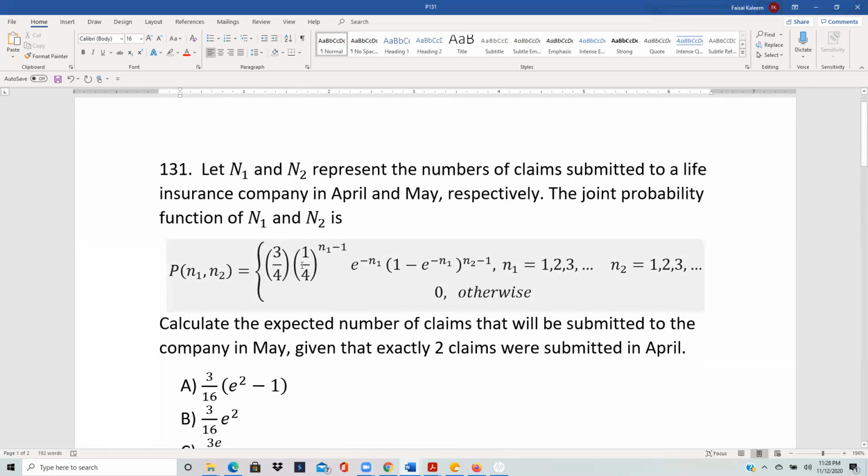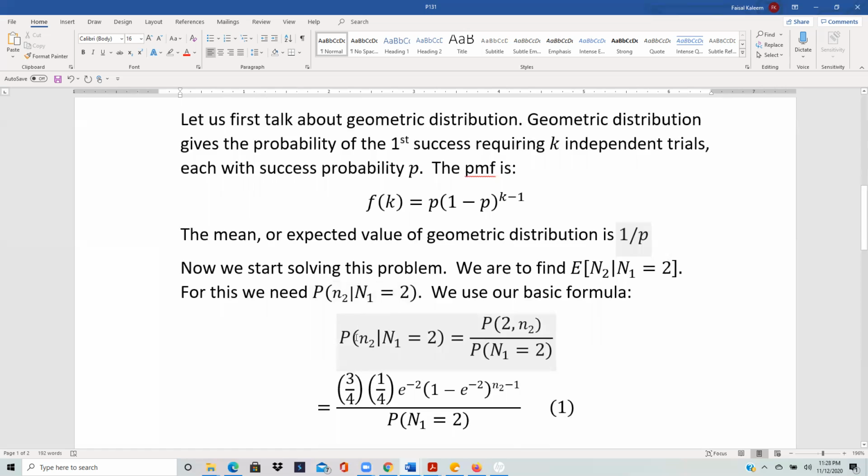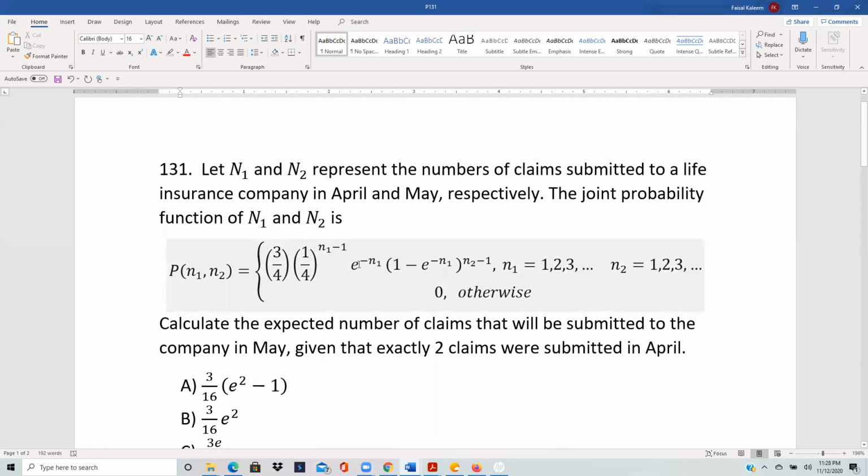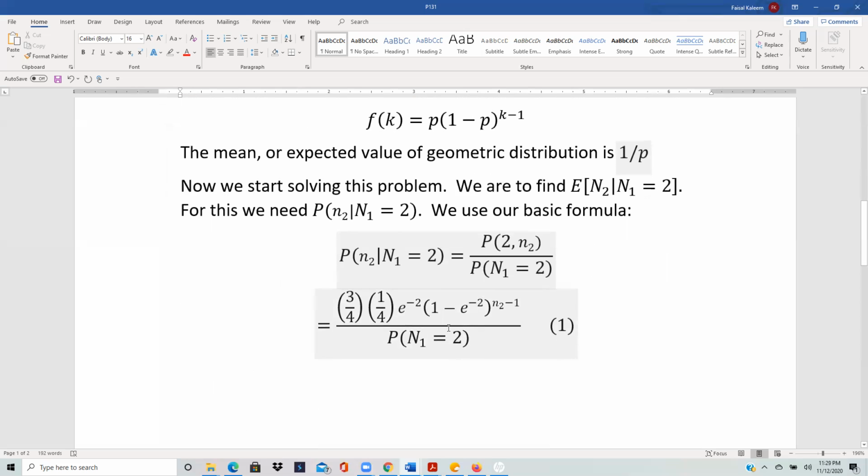So you get 3/4 times 1/4, and then N1 is 2, so you get e to the minus 2 times (1 minus e to the negative 2) to the power N2 minus 1. And I've just kept the denominator as it is because this requires more calculation, so I will do this separately.